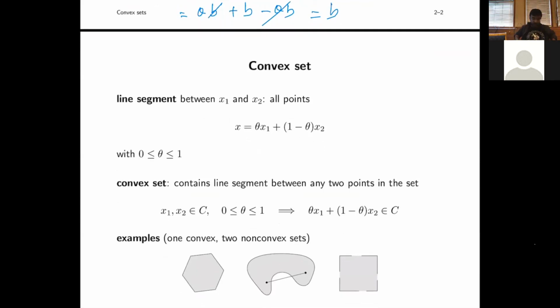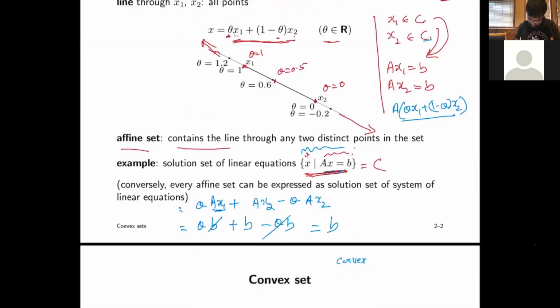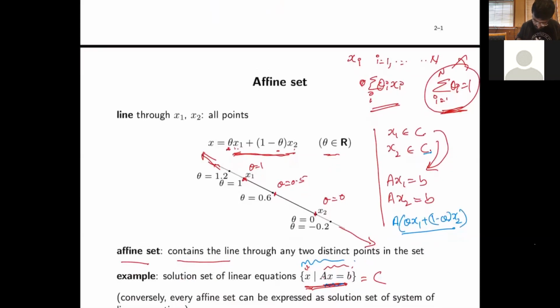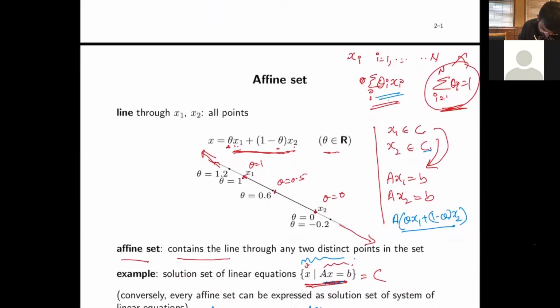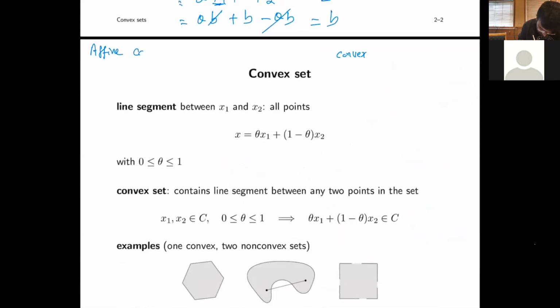So now the next concept is convex set. From affine set to convex set, this is also something similar. What is a convex combination? We were talking about affine combination in the previous slide, which is the sum of theta_i x_i, where the sum of theta_i should be 1.